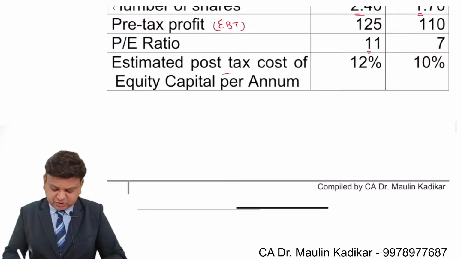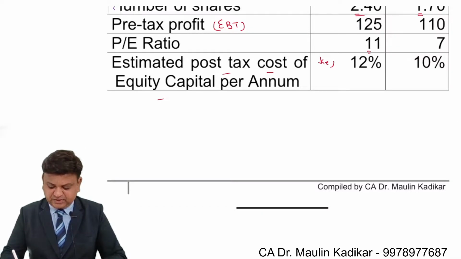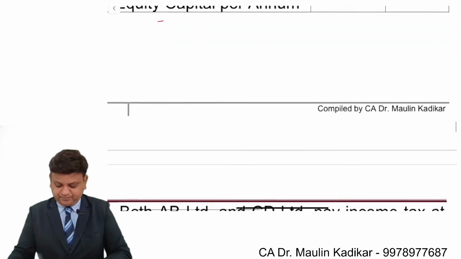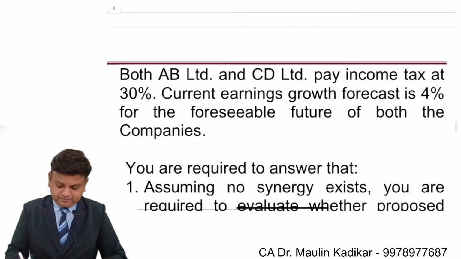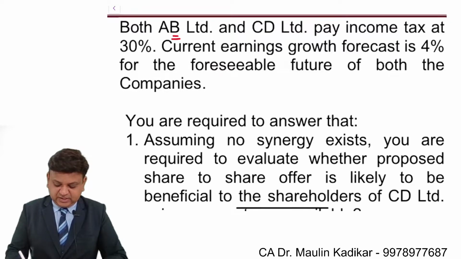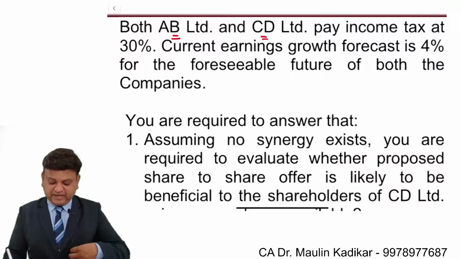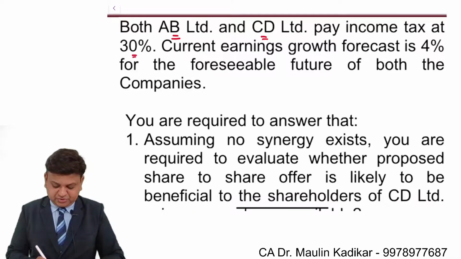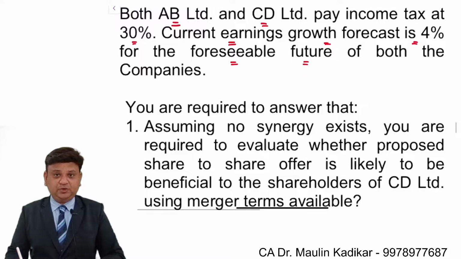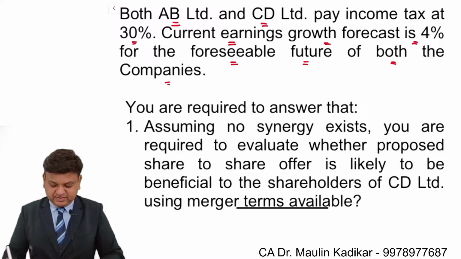Estimated post-tax cost of equity capital per annum, that is the cost of equity, is given. Both AB Ltd and CD Ltd pay income tax at the rate of 30%. Current earning growth forecast is 4% for the foreseeable future of both companies. So the future growth rate is given to us at 4%.